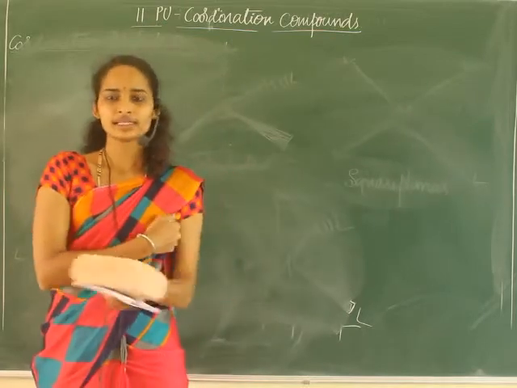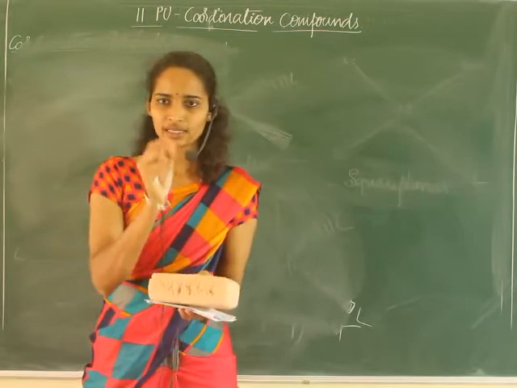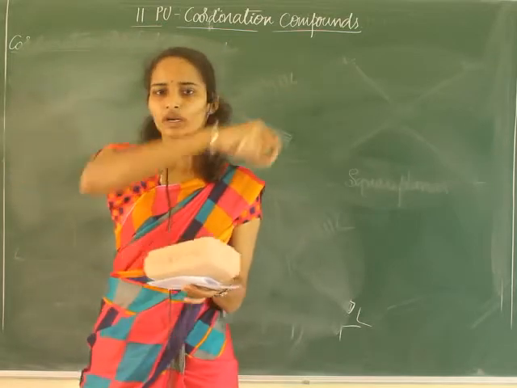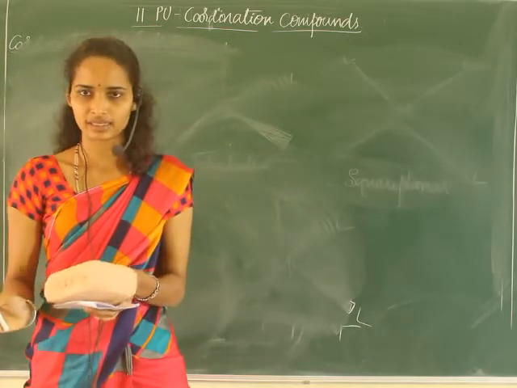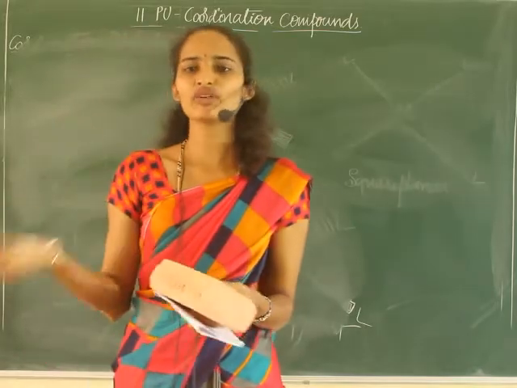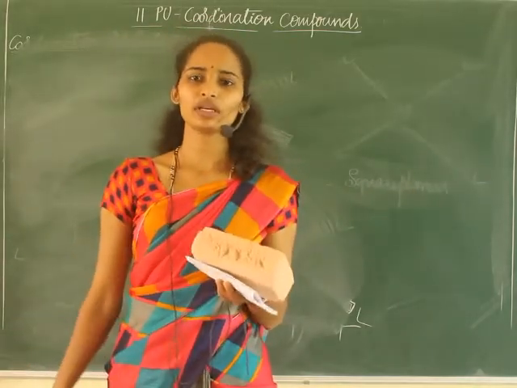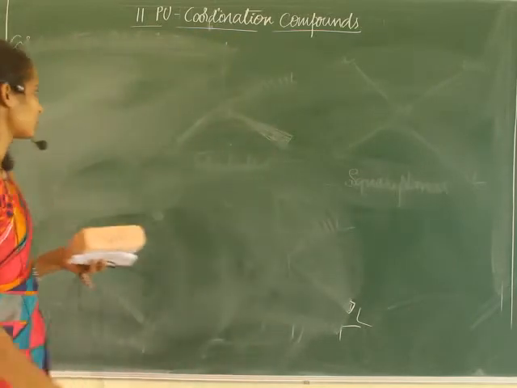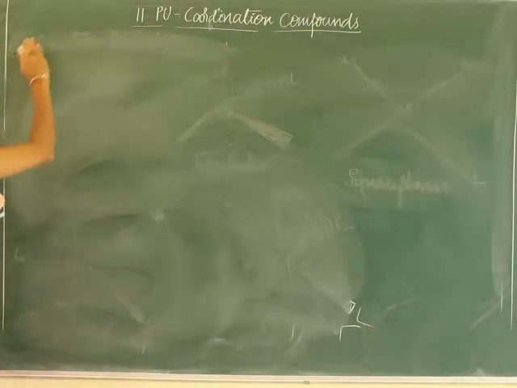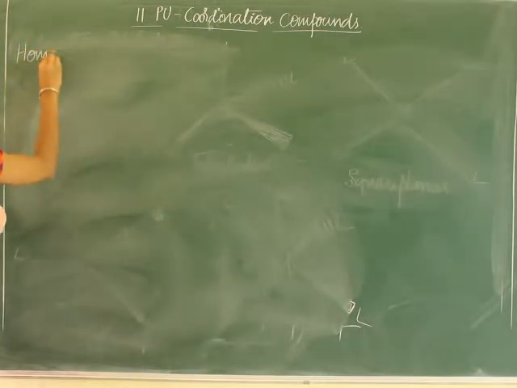Homo means same, right? If it is bonded to different kinds of ligands, then they are called heteroleptic compounds. That's all. They will ask for 2 marks with an example.